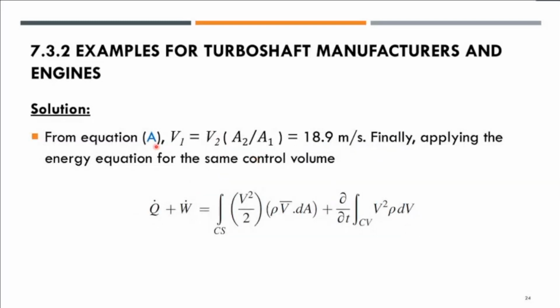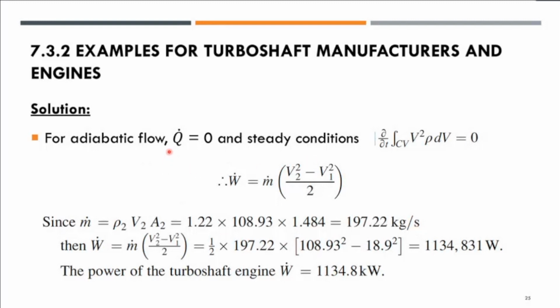From equation A, moving into the next part of the question, you have the velocity V1 to be 18.9 meters per second. Finally, applying the energy equation for the same control volume, Q dot plus W dot.